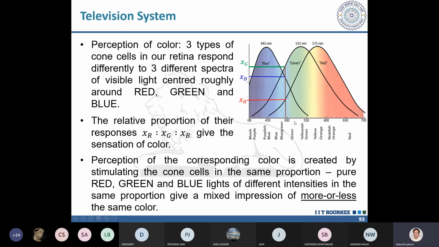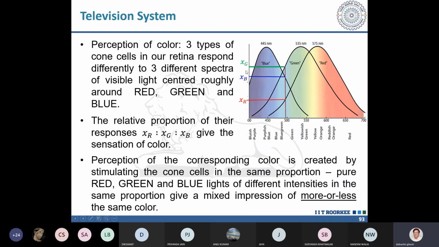Now suppose a light falls on my eye, which is somewhere around 500 nanometer wavelength. When this light falls on my eyes, these 3 types of cone cells will have 3 different sensations.